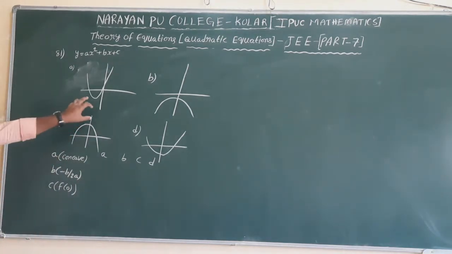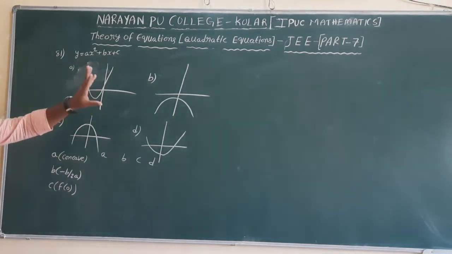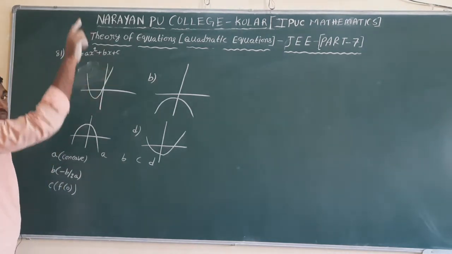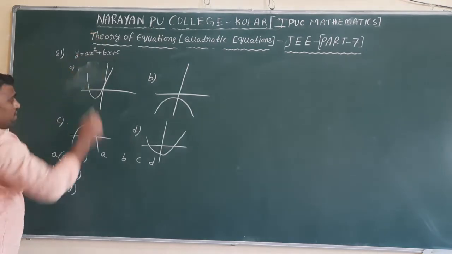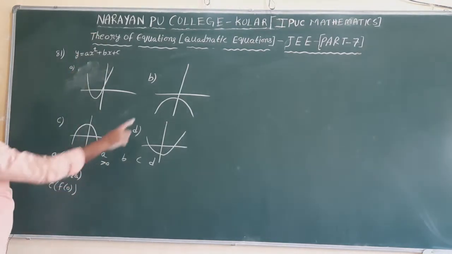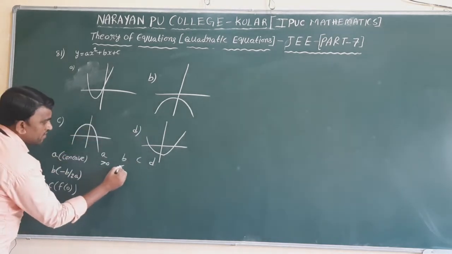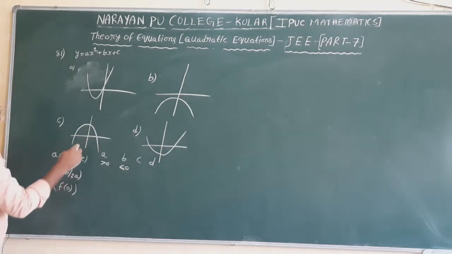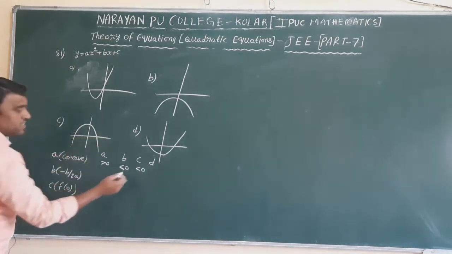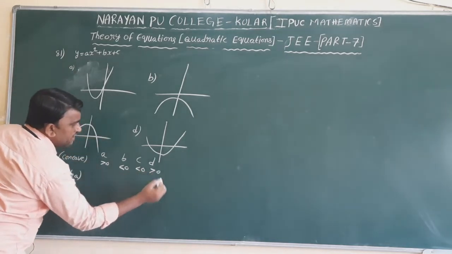Concave means the shape, upward or downward, we need to see. In the first option, the shape is upward. Whenever it is upward, a is greater than 0. What about B? Downward, less than 0. What about C? It is also downward, less than 0. What about D? It is upward, greater than 0.